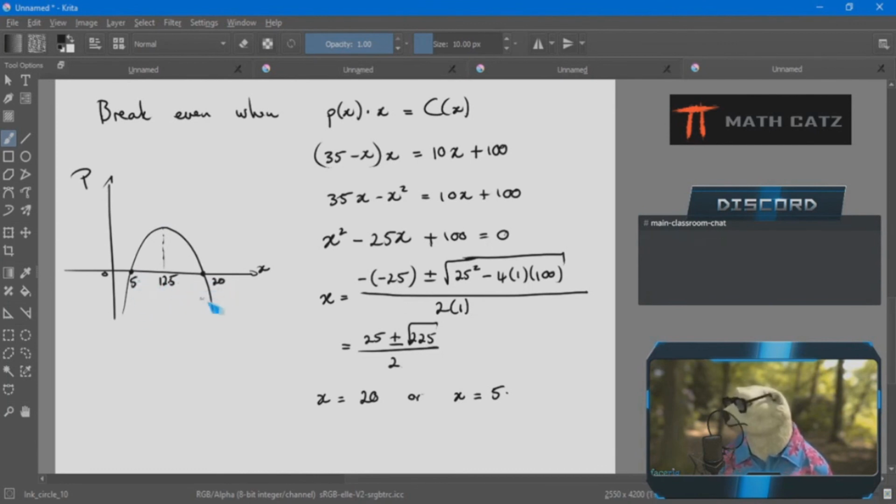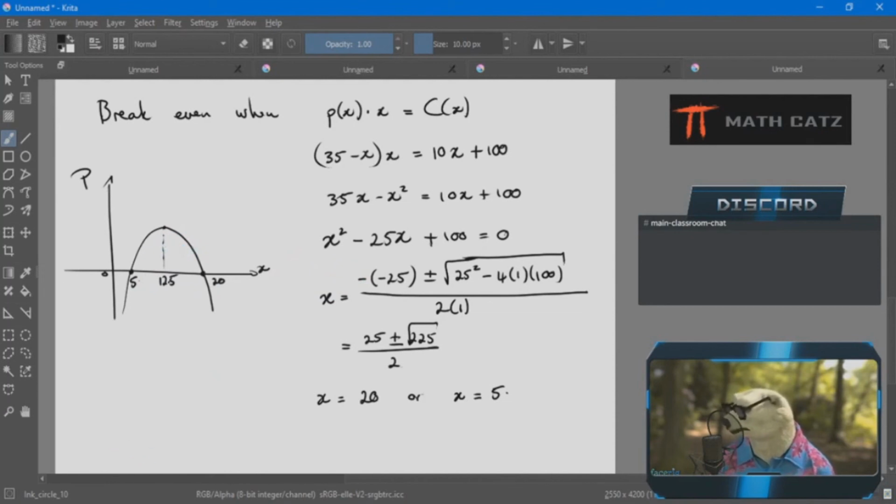So it's 7.5 on either side. So if I make 5 items, if I make 20 items, I'm still going to get a profit of 0. You want to get that middle sweet spot of 12.5 bottles. Of course, you're going to have to go a little bit on either side, either to 12 or 13. But because of the symmetry, it's going to be the same.